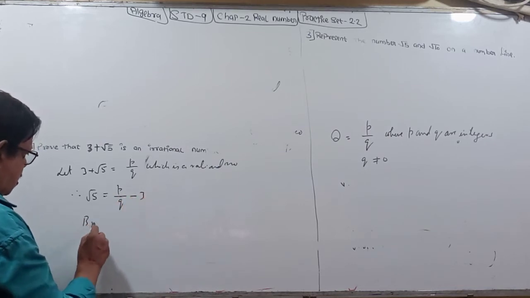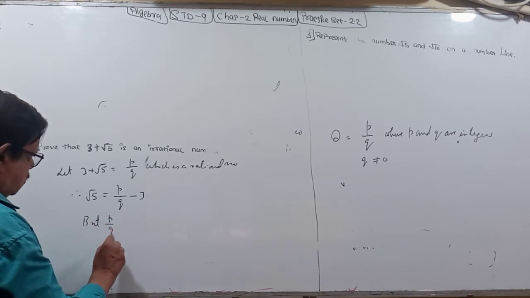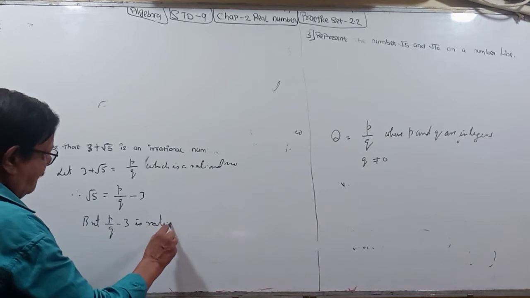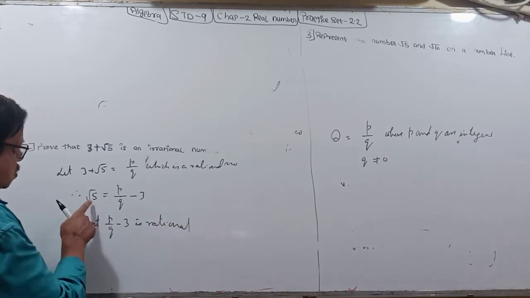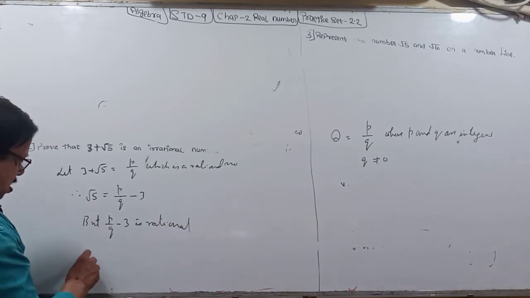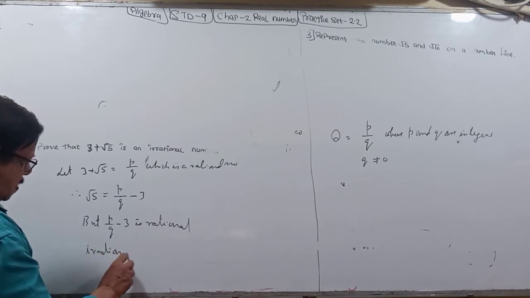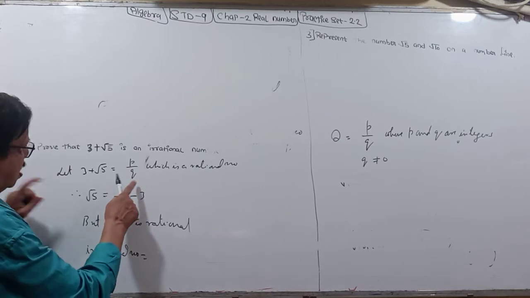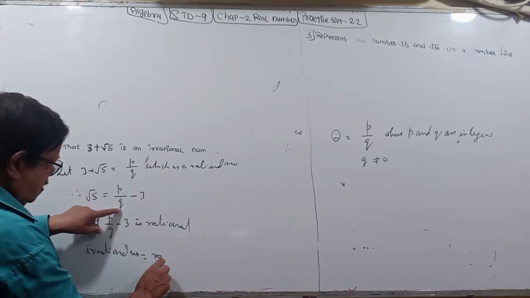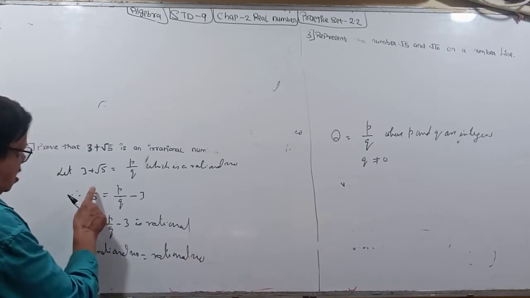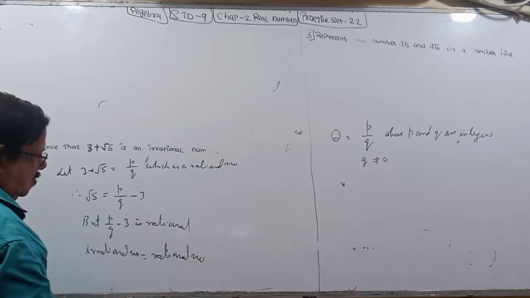But p upon q minus 3 is rational, and root 5 is irrational. Therefore, an irrational number equals a rational number on the right side, which is wrong.